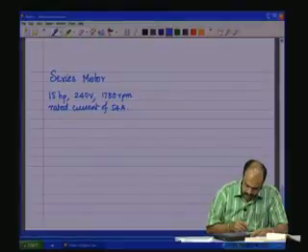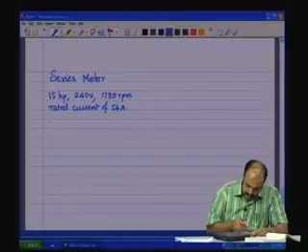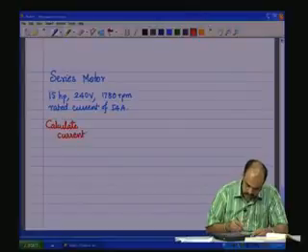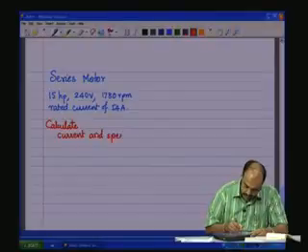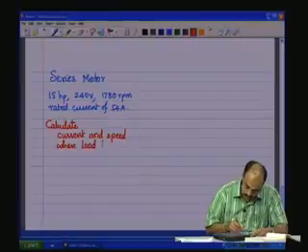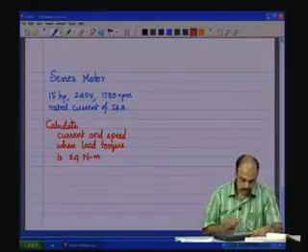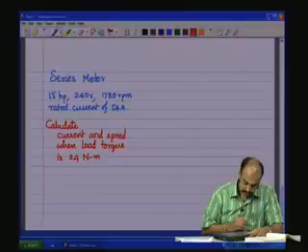Now, let us calculate the current and speed when the load torque is 24 Newton meter.